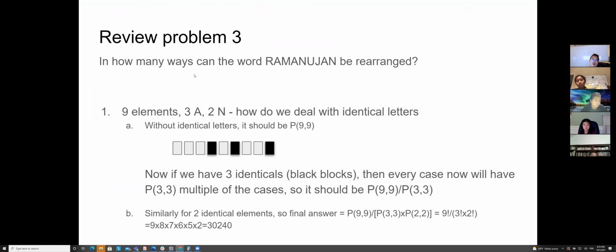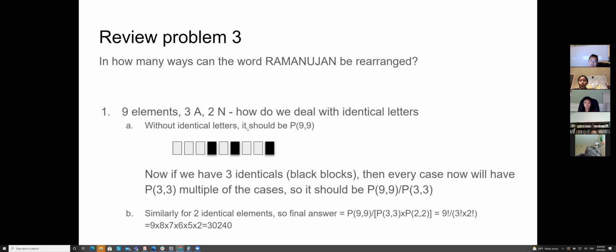So basically, we are doing the rearrangement, right? And these letters have repeating elements. So for example, if there's no repeating, it's just 9 factorial, right? But now we have 3 a's and 2 n's, right? So I want to introduce the way to deal with identical letters here.